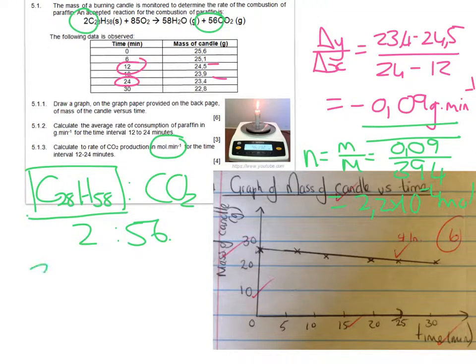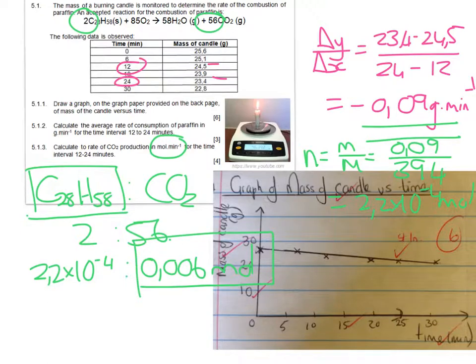Put it in here, 2,2 times 10 to the negative 4, divide by 2 times by 56, 0,006 moles, and therefore I am producing 0,006 moles of carbon dioxide every minute.